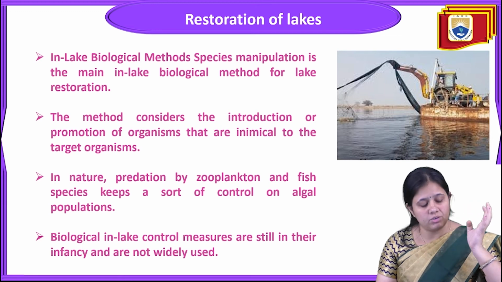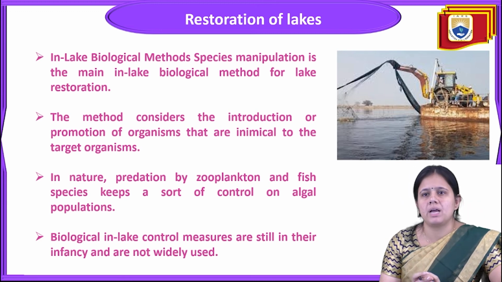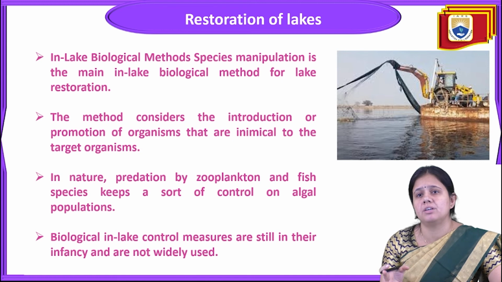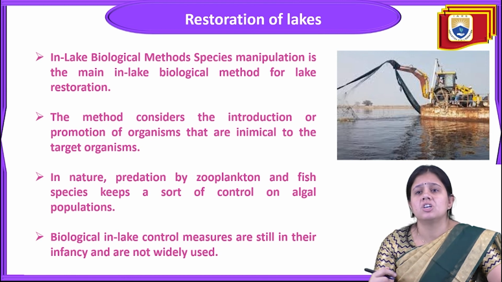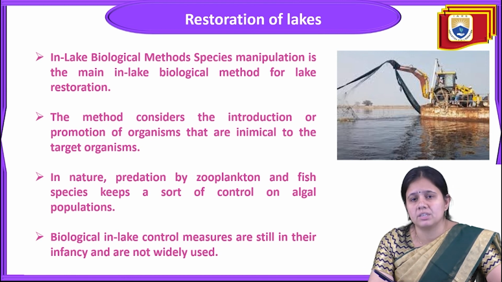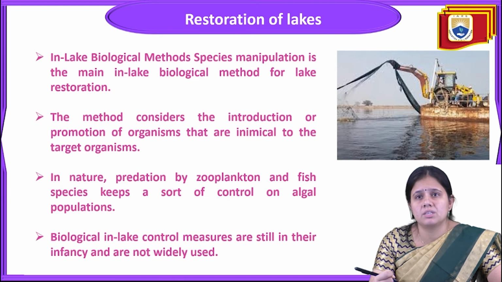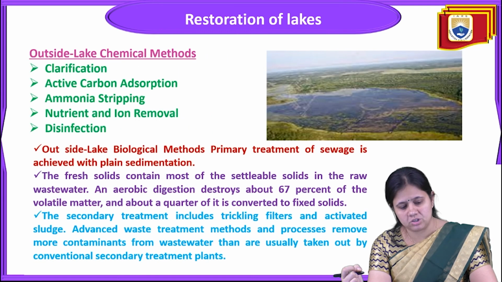In nature, predation by zooplankton and fish species keeps a sort of control on algal population. Biological in-lake control measures are still in their infancy and are not widely used because they are not very successful. So this was about the restoration of lake.